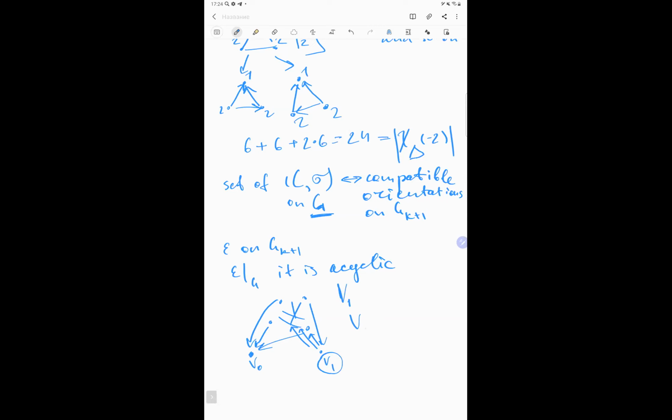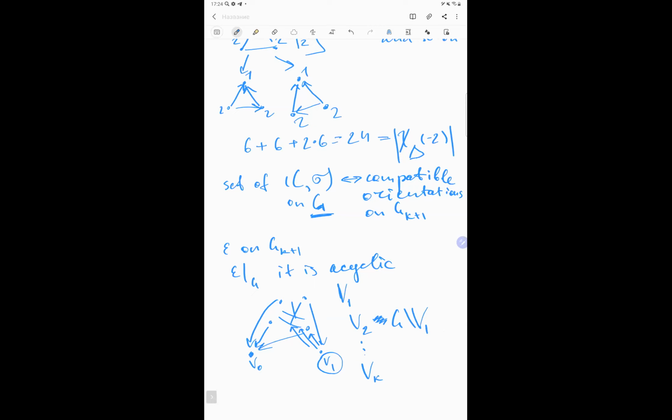So then we set another set, V2, it is the vertices on this set which can be reached from the vertex V2, and so on. We get all these sets up to set VK.